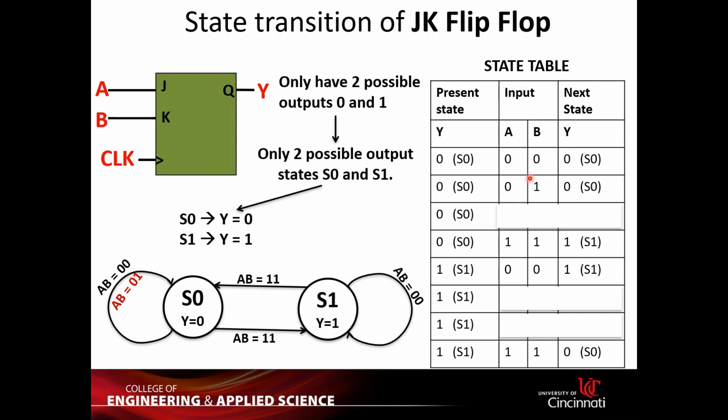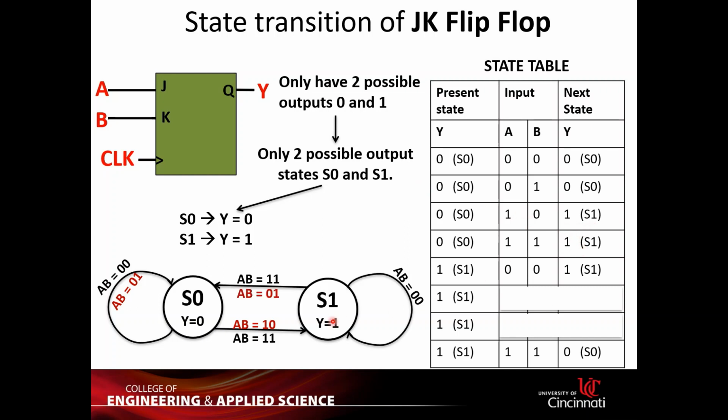So if present state is 0 and AB is 0 1, it goes back to the same state. And if AB is 1 0, it will go to the other state, because now the output is assigned to be 1. So just go to another state.